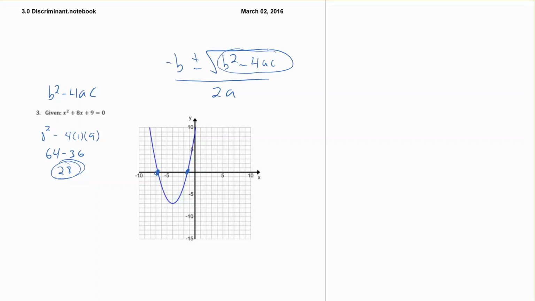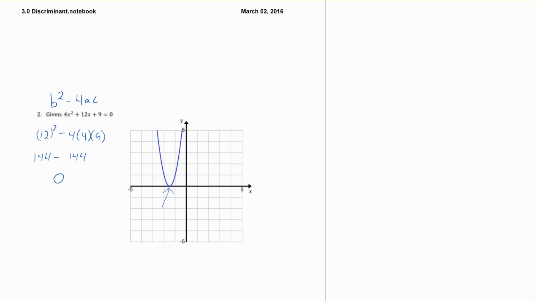If I go back to the next one, if I wrote this again, this would be minus b plus or minus square root, oh, that's not right, b squared minus 4ac all over 2a. Now this is saying this part is equal to 0. So equal to 0. That's what this was telling us, right?